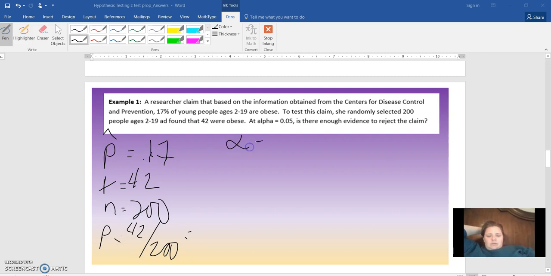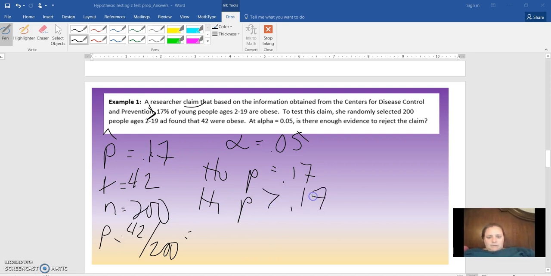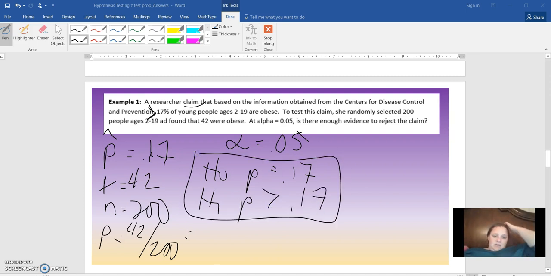At alpha equals 0.05, is there enough evidence to reject the claim? I should have added some sort of sentence that said, a researcher claims that, let's go with more than 17%. All right, so that's the hypothesis and the null.